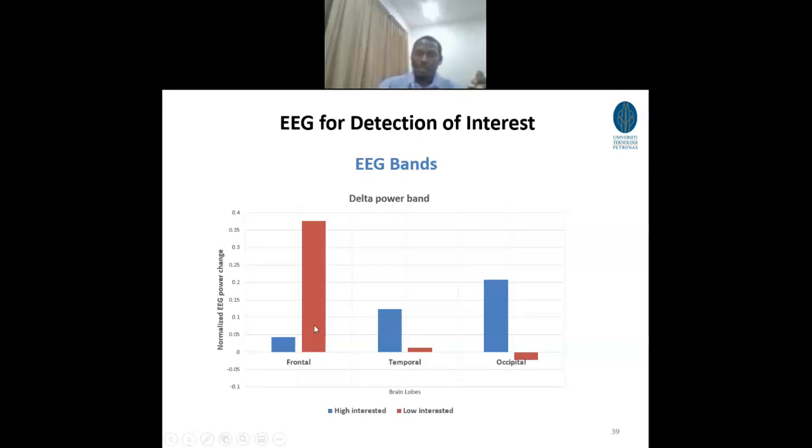And we can see, for example, in frontal, we have a big difference between low interested and high interested. And similarly, in occipital, in the back, we have differences between high interested and low interested. So we say this could be a good feature to use for the next stage.